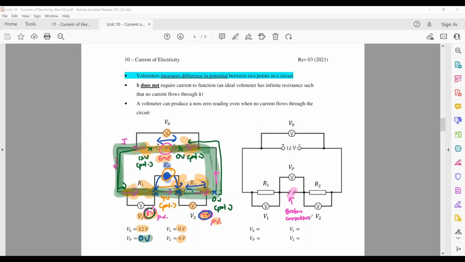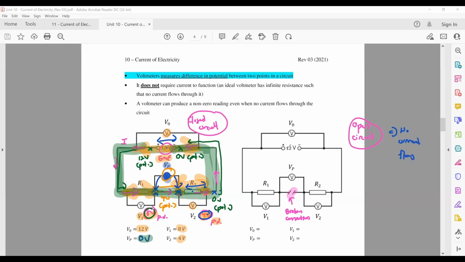So now, if there's a broken connection here, this one was a closed circuit with current flow. This is now an open circuit, because there's some broken connection here. For an open circuit, no current flows.